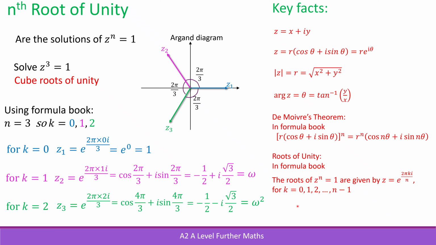So if you look here, the notation is omega squared. So if I take the answer I had for omega, which is this here, and I square it for omega squared, I can now use de Moivre's theorem, so the 2 and the 2 can come next to each other, giving me 4 pi by 3, which is the same as what I've written over here, and that is minus a half minus i root 3 over 2.